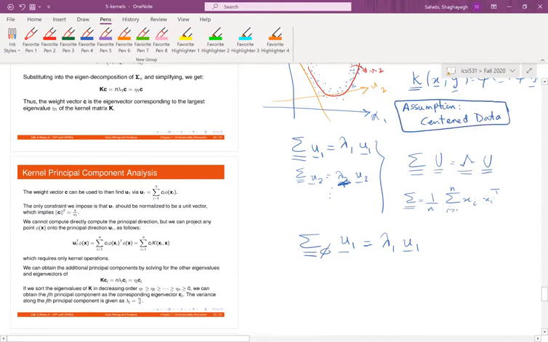So assume that everything is centered. That's why our covariance could be written like this. So our mu is going to be 0.